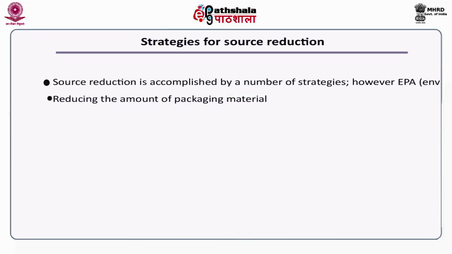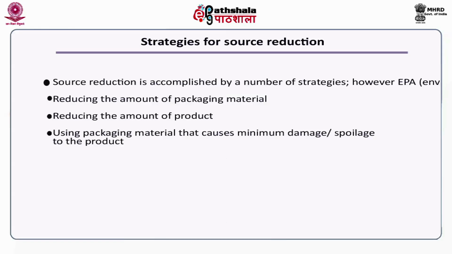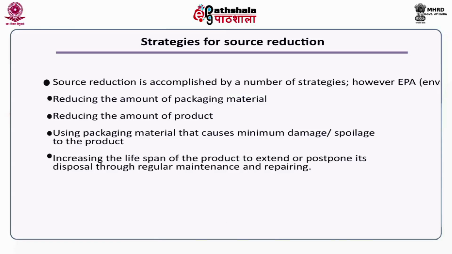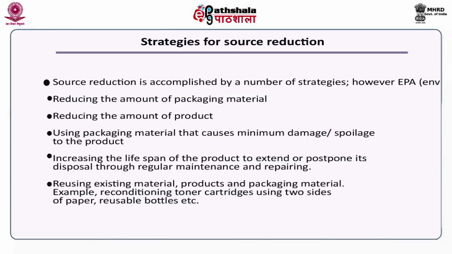Reducing the amount of packaging material, reducing the amount of product, using packaging material that causes minimum damage or spoilage to the product, increasing the lifespan of the product to extend or postpone its disposal through regular maintenance and repairing, and reusing existing materials, products and packaging materials are some of the examples identified by the Environmental Protection Agency. Examples of this can be reconditioning a toner cartridge, using two-sided paper, or using a reusable bottle.